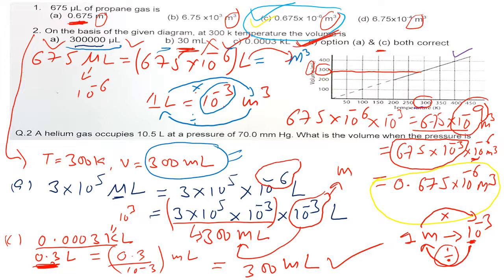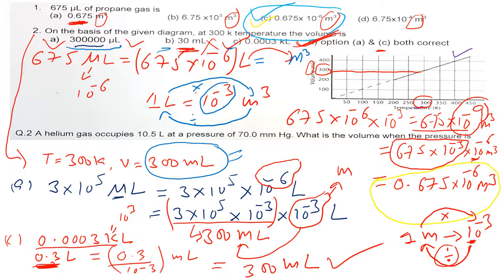Milli is equal to 10 to the power minus 3. If you are changing to milli, you multiply by this number, and if you have some number and you are changing it to milli, then you divide by this number.